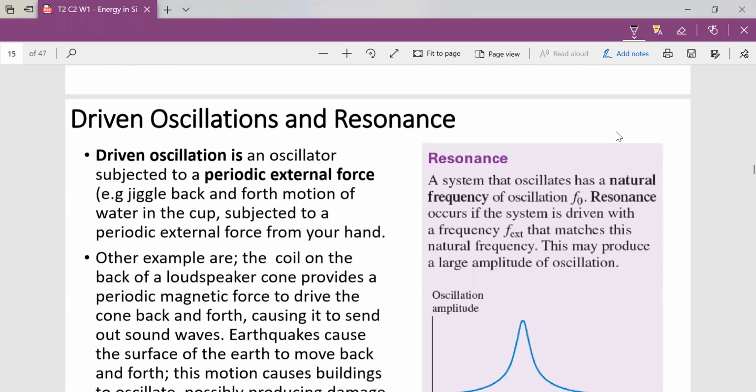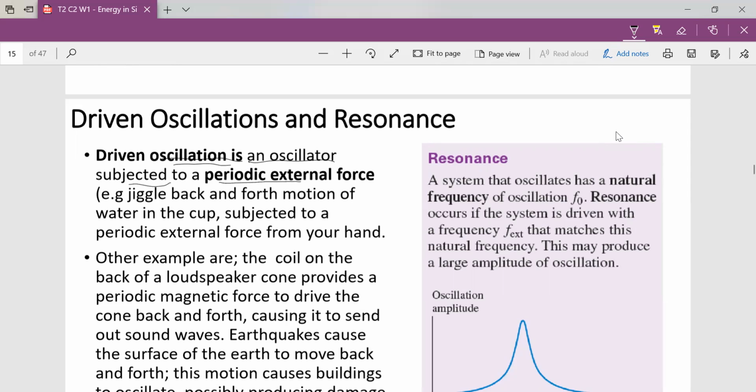Okay, so driven oscillation is an oscillation subject to a periodic external force. Either the external force is the one that initiated it, or it's in the system before it comes in. But what we want to establish here is that driven oscillation is actually induced from the outside.